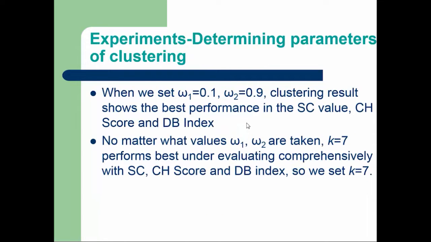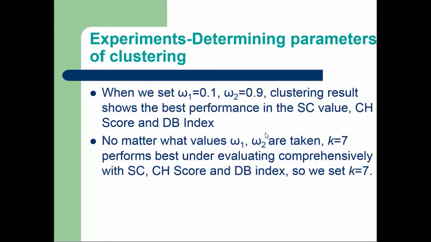In our experiments, the granularity of categories can be merged flexibly. We merge some categories and select appropriate weights omega 1 and omega 2 in equation 6, and K, that is the number of clusters, by SC, CH score, and DB index.